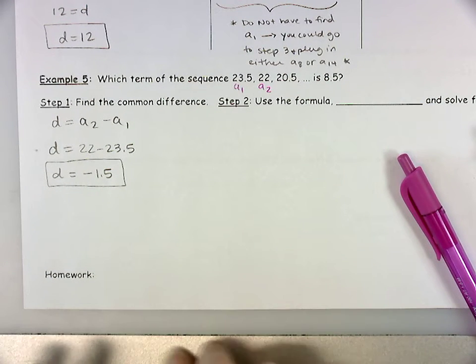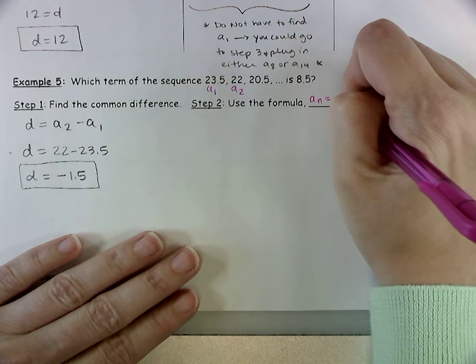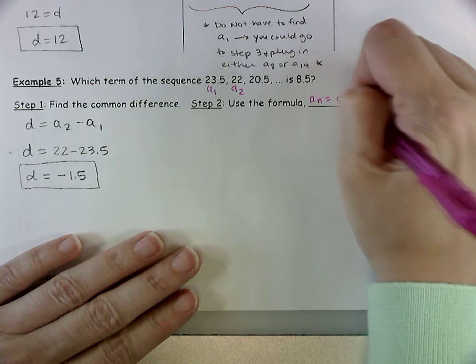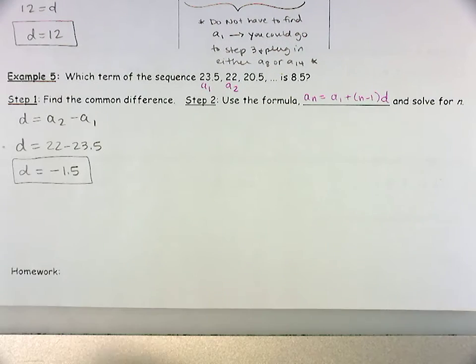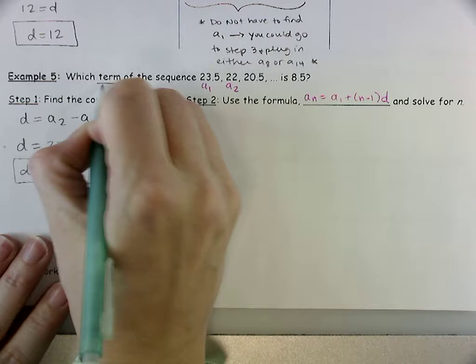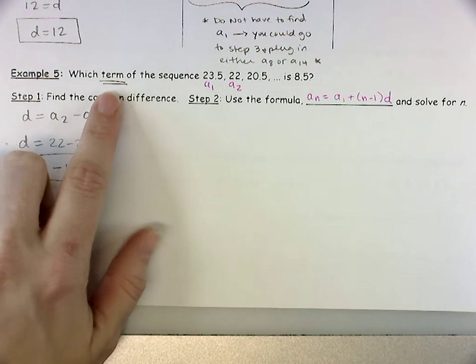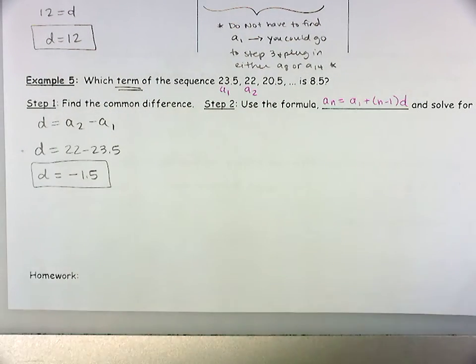Okay, then for step 2, it says use the formula. So we're going to use our formula, a sub n equals a sub 1 plus n minus 1 times d, and we're going to solve for n. When it says which term of the sequence, what variable is represented by the term?